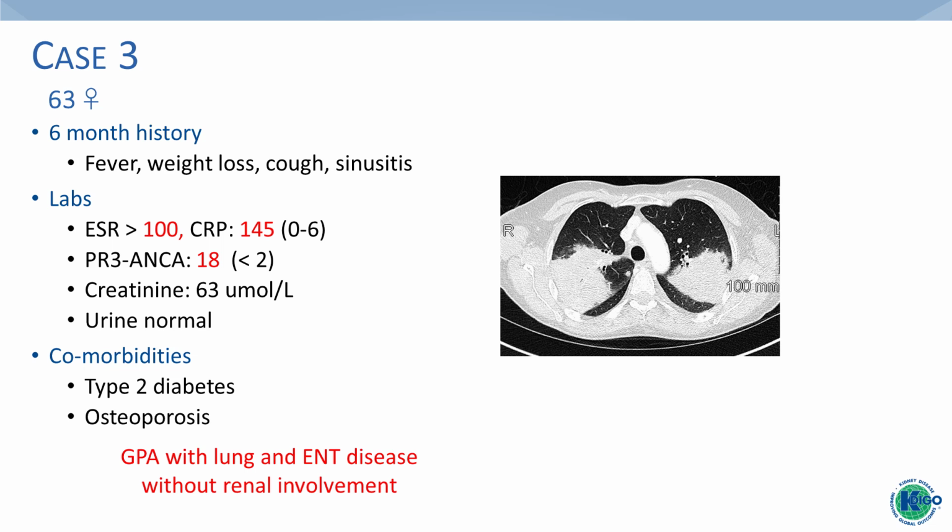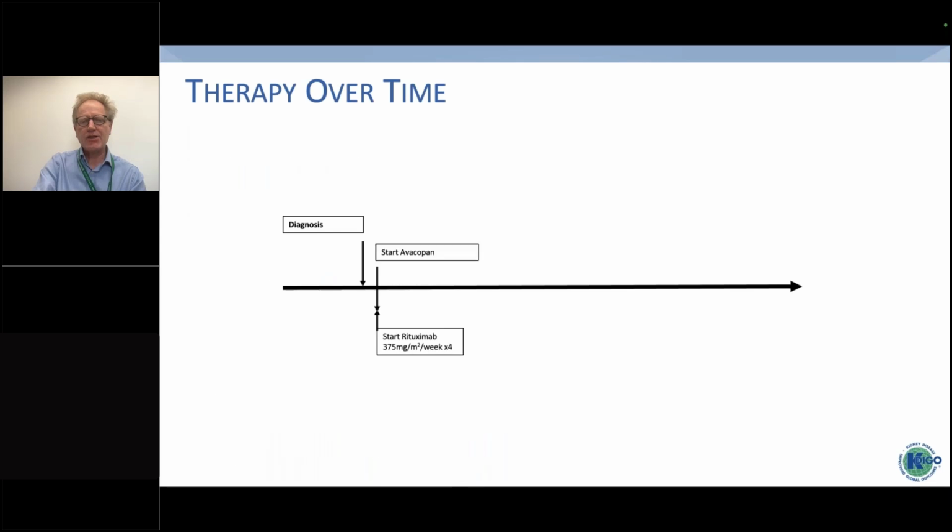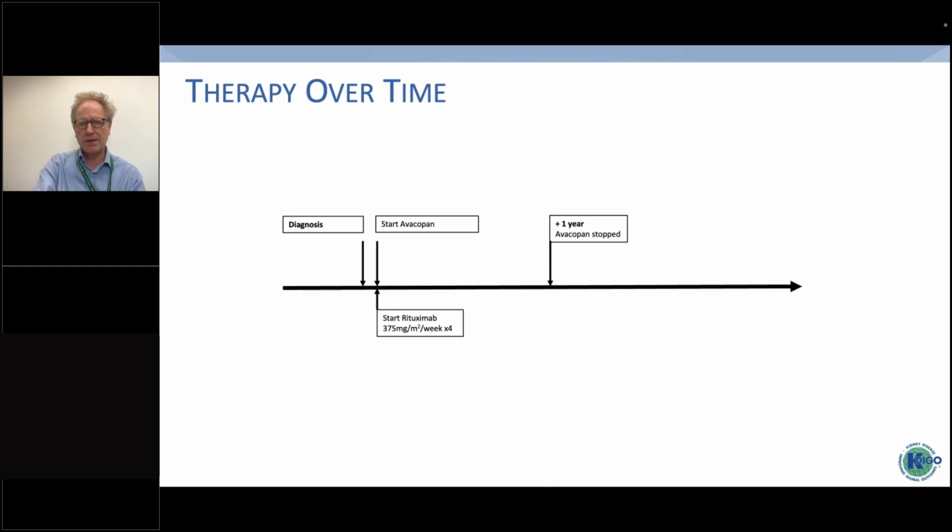We made a diagnosis of GPA with lung and ENT disease without renal involvement, and she was treated with avacopan and rituximab. She had received no steroids prior to her presentation to our department, and she received no steroids subsequent to our starting treatment.